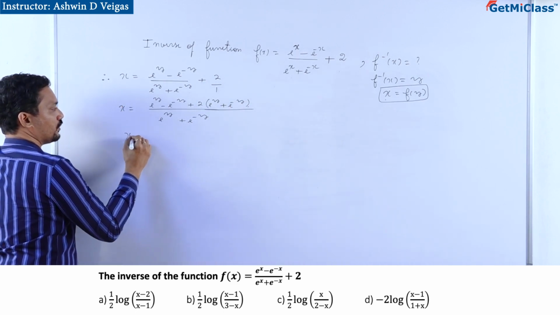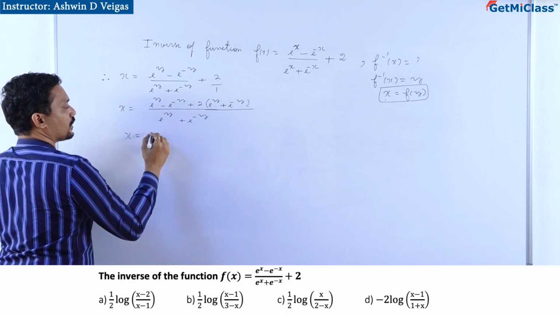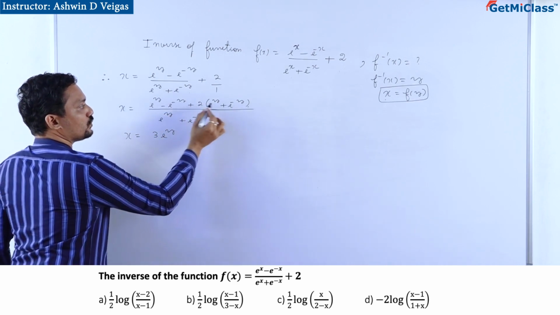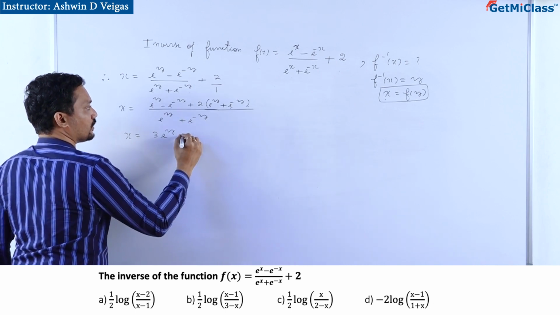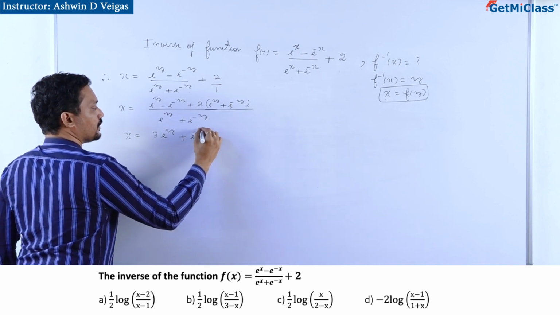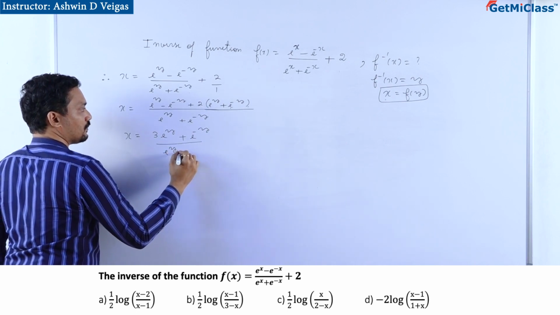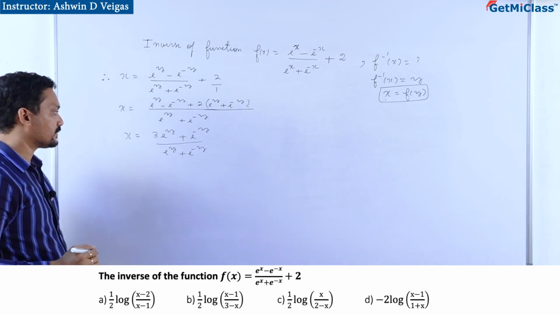So from here we will get x is equal to 2 e power y plus e power y, so it will become 3 e power y. This is 2 e power minus y minus e power minus y, so that will become plus e power minus y, divided by e power y plus e power minus y. So we get it like this.